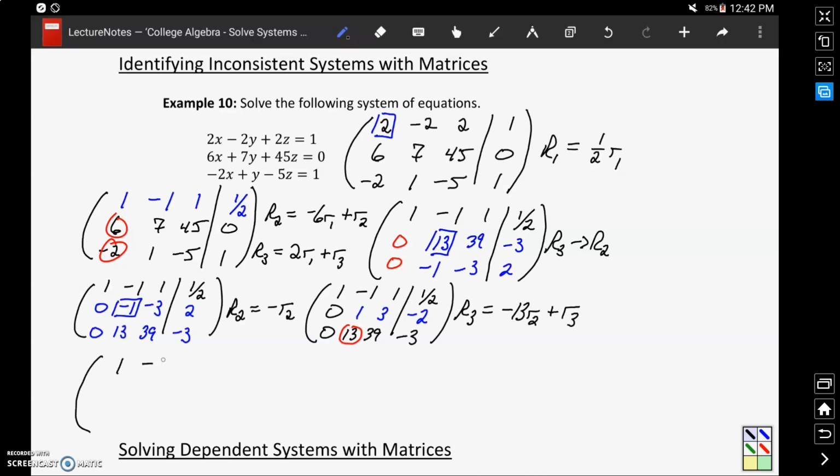This will give us 1, -1, 1, and 1/2 in row 1, 0, 1, and 3 in row 2. The first entry in row 3 will remain unchanged, but that second entry will become a 0. The third entry will also become a 0, and then our -3 will become -23.